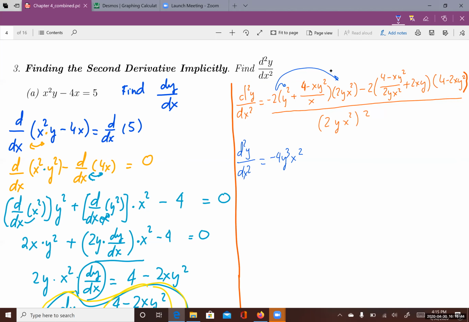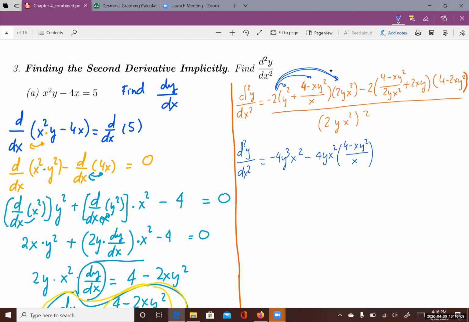All right, and then I multiply this in here and then in here to get negative 4yx squared times 4 minus xy squared divided by x. Okay, so that's the first term.